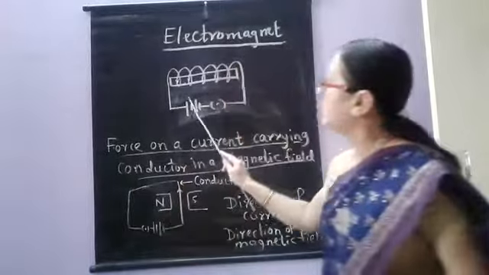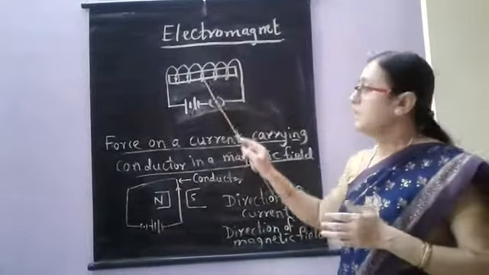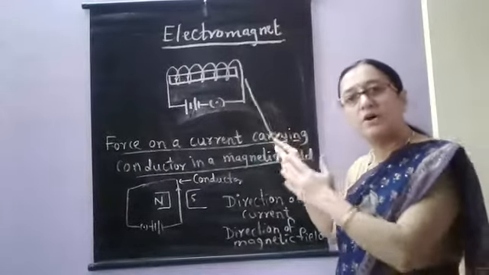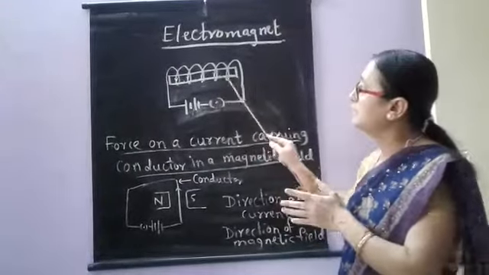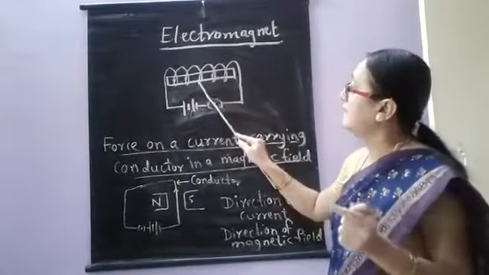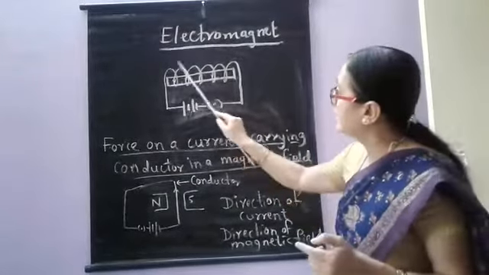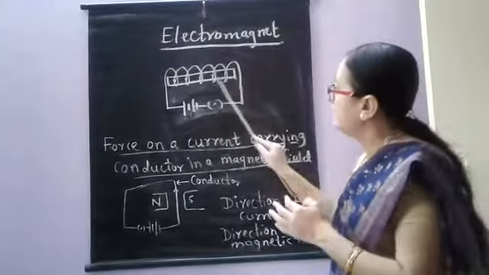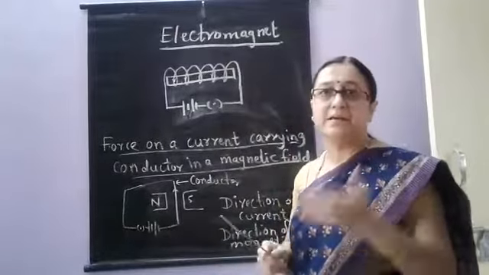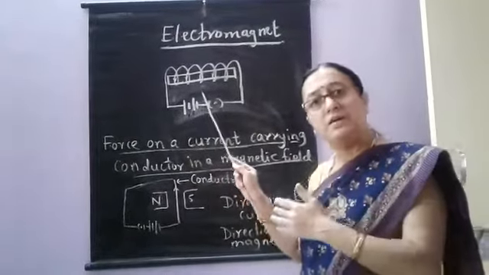So how to prepare an electromagnet? If you take a solenoid, a coil with a number of turns, an insulated copper coil, and place a piece of iron inside this solenoid and pass current through the solenoid, then this iron piece will be converted into a temporary magnet. It will acquire the properties of a magnet.